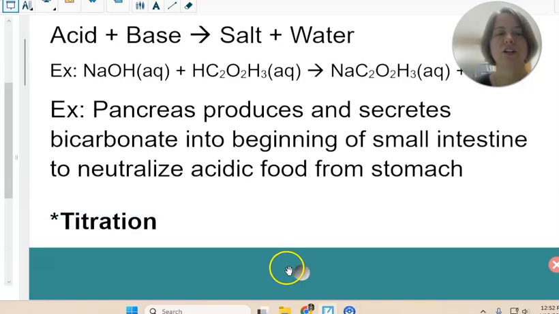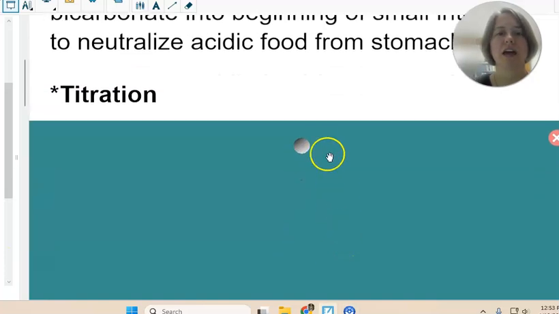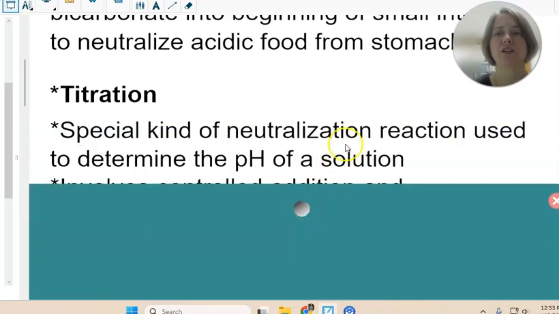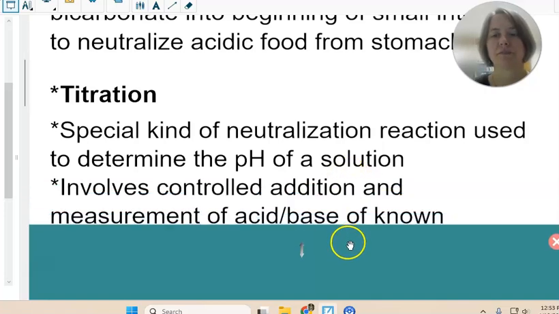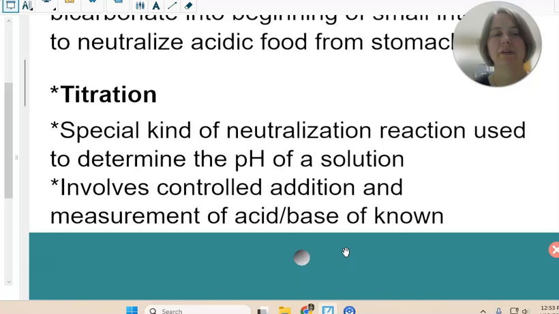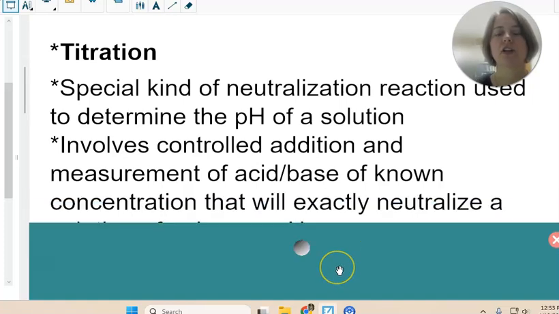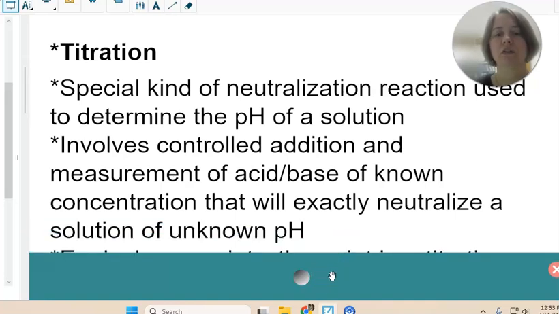So a titration is something I want to talk about. That is a kind of neutralization reaction. It's a special kind of neutralization reaction that is used to determine the pH of an unknown solution. It involves the controlled addition and the measurement of an acid or a base of known concentration that will exactly neutralize a solution of unknown pH.